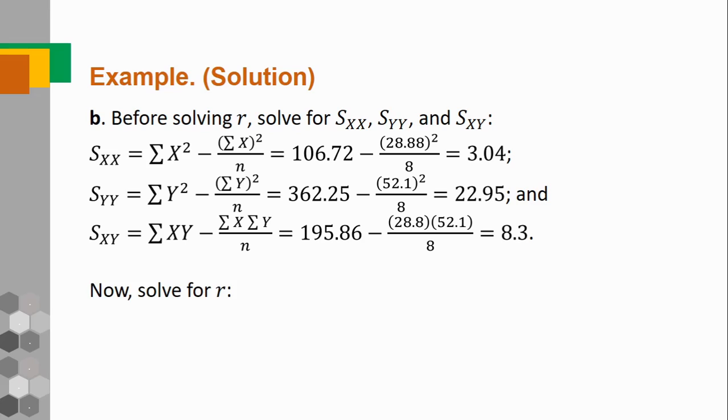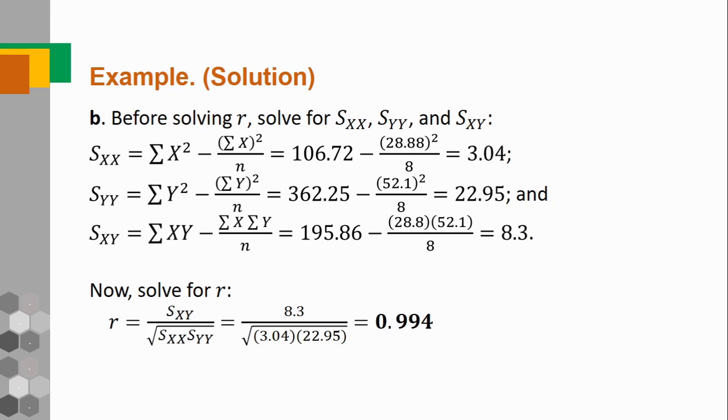Now we can solve for R, and R is equal to this formula, S sub xy over the square root of S sub xx times S sub yy, and that is equal to 8.3 over the square root of 3.04 times 22.95.